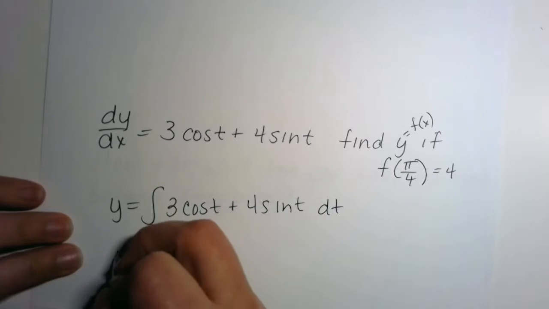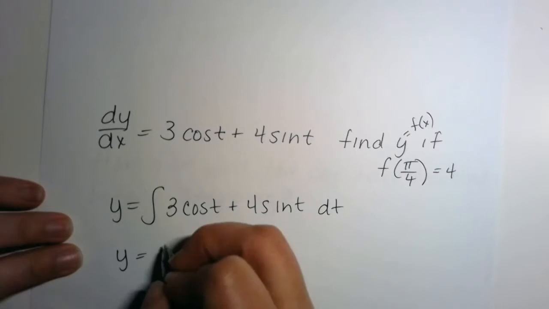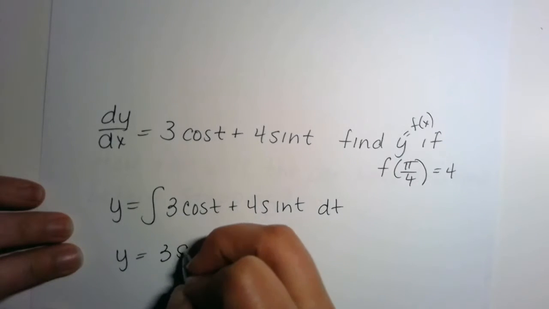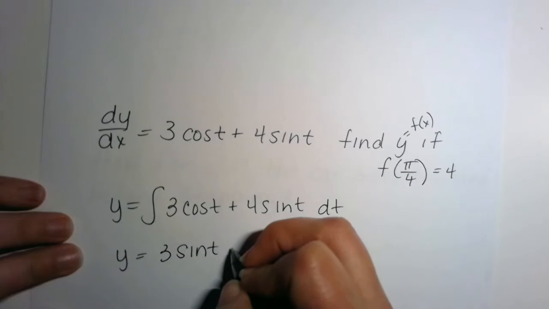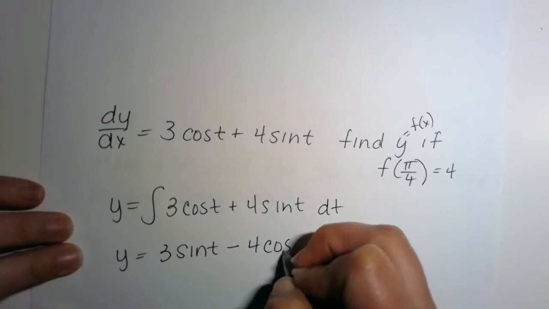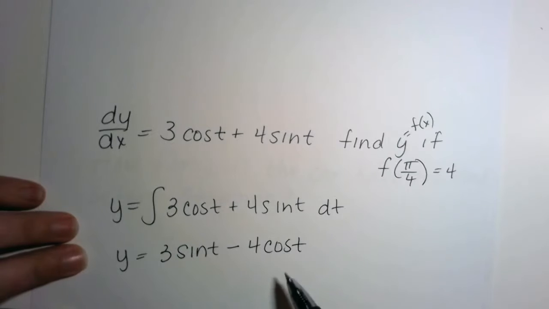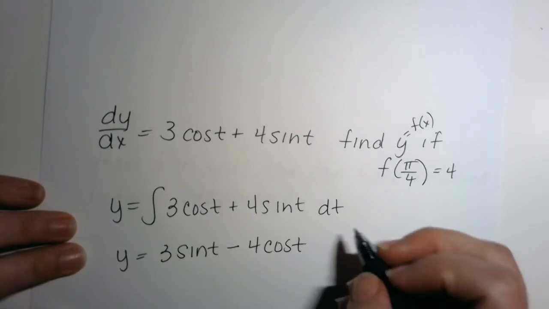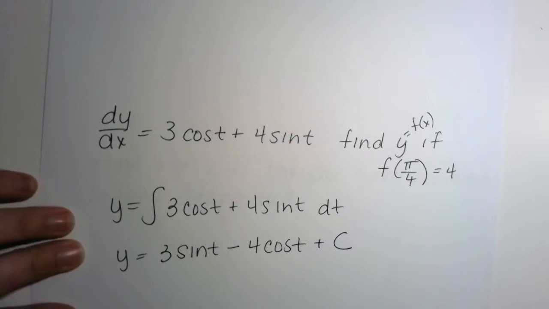So my y will be equal to 3 sine of t, and then this will be minus 4 cosine of t. I kind of remember that whenever I write the c, it's negative in this case. I know that's a difficult one.